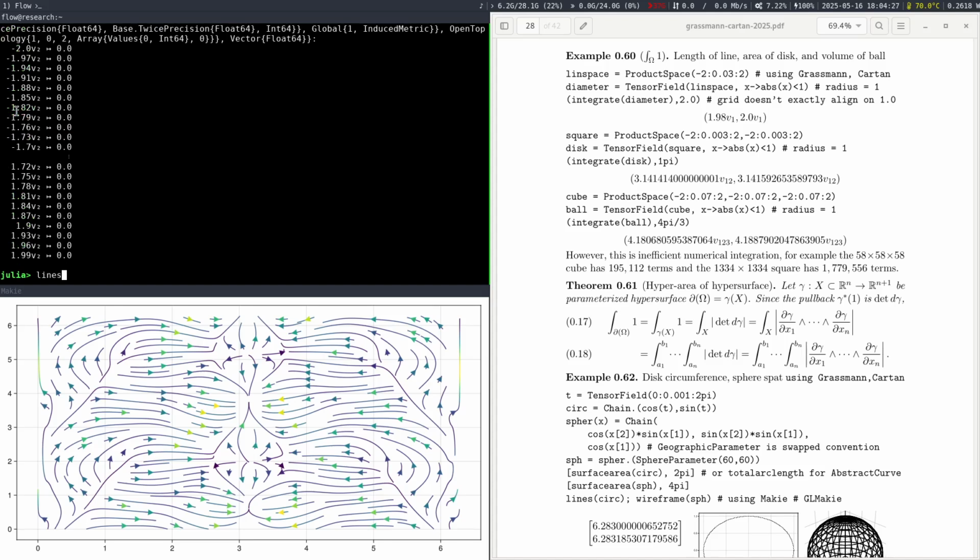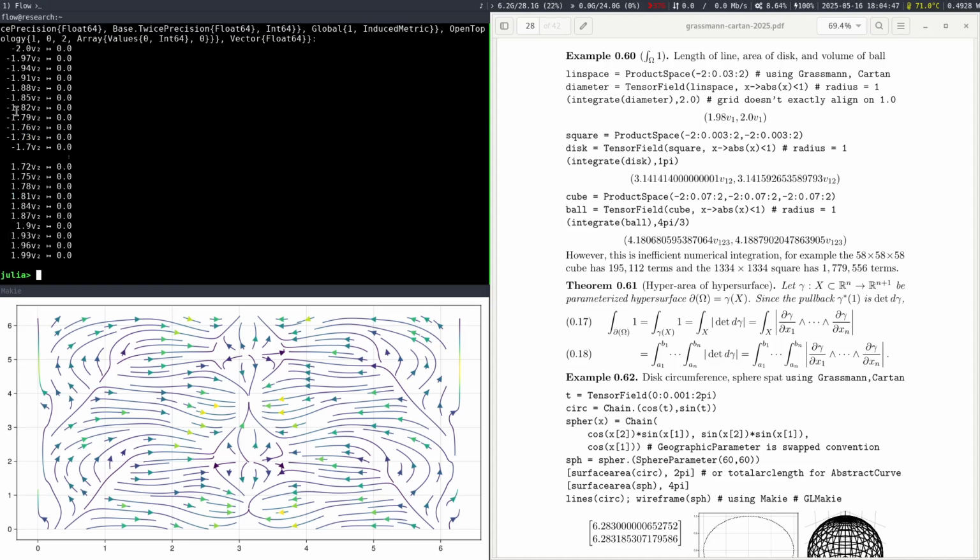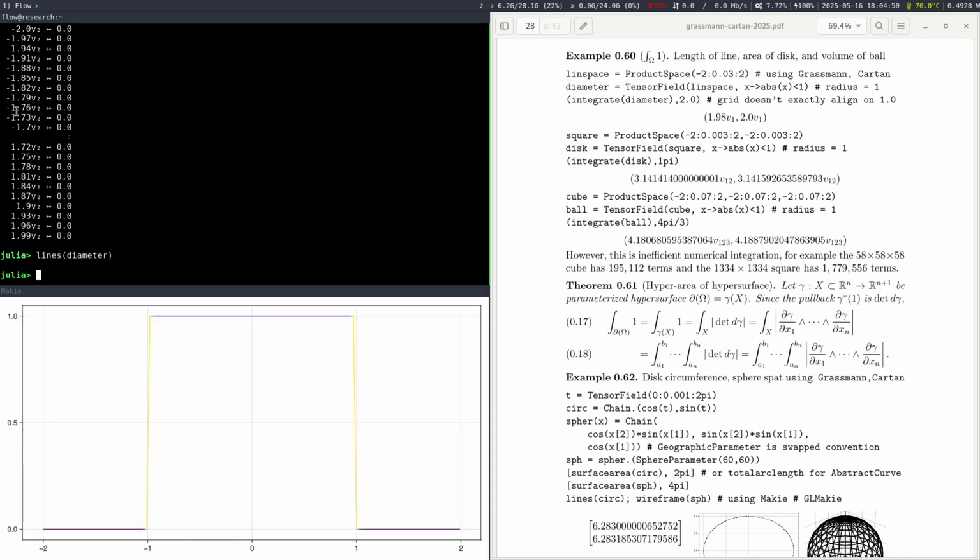Now, what does this actually produce? Diameter. What? Did I spell it wrong? So this produces a line that's 1 in the radius of 1 and 0 outside of that. Okay, so we want to compute the integral under that.